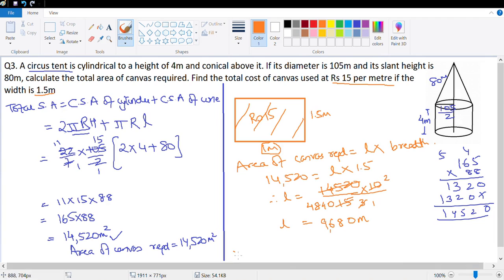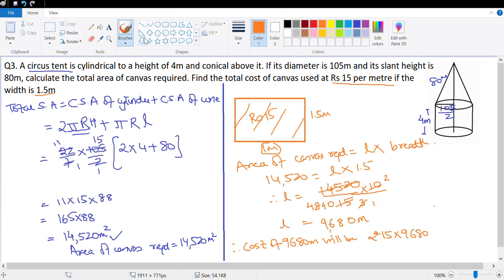Therefore, cost of 9680 meter will be rupees 15 into 9680. Let's multiply once again. So this is 968 multiplied with 15. 5 into 8, 40. 5 into 6, 30 plus 4, 34.